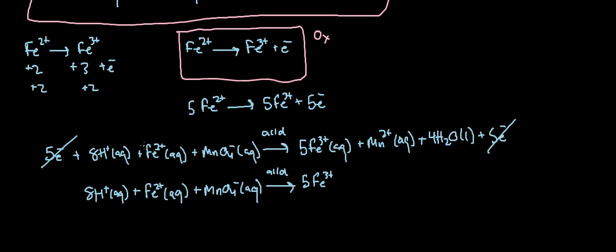Wow, I just made a mistake. I forgot to put the 5 out here. See, it's very easy just to drop something and have it be completely wrong because of that. And this is the final answer.